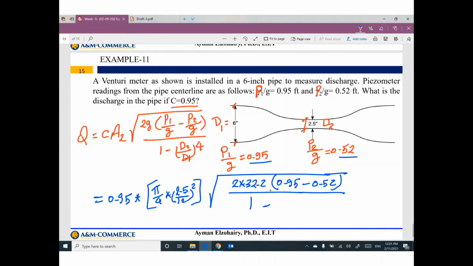Divide by 1 minus D2, which is 2.5 inch, divided by D1, which is 6 inch. I can keep them in inches, to the power 4, because if you convert this one by dividing by 12 and this one by 12, it looks the same. So you can get the final value, which is in cubic feet per second, which is the discharge in this pipe.